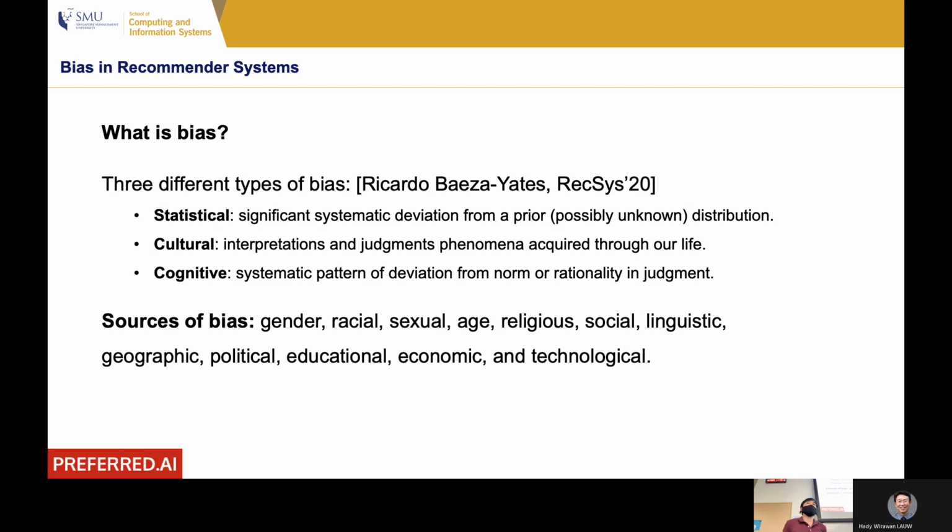And for sources of bias, here are a few attributes we can look at to see where the bias comes from, like gender, racial, sexual, age, religious, social, linguistic, geographic, political, educational, economic, and technological.